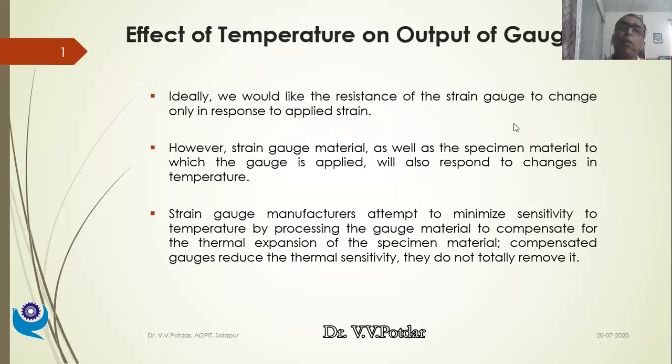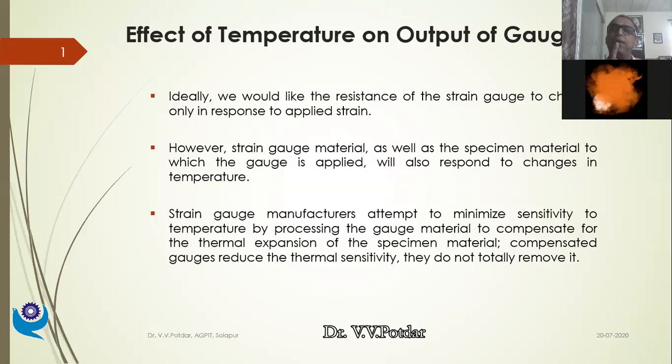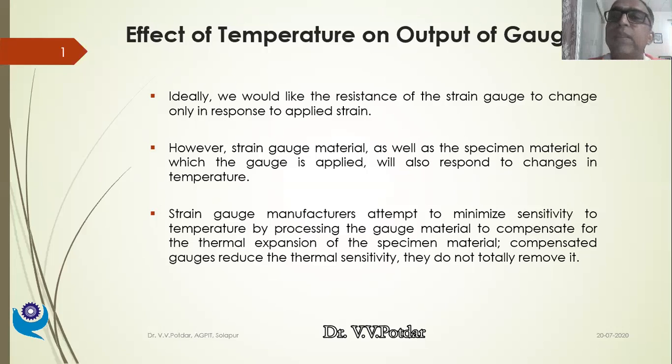So, come back. R1 by R2 is equal to R3 by R4. R1 is the active strain gauge, which is subjected to R plus delta R epsilon plus delta RT, isn't it?